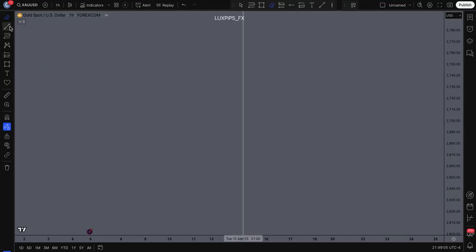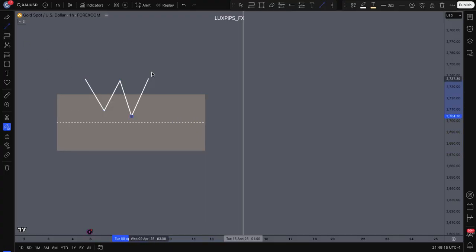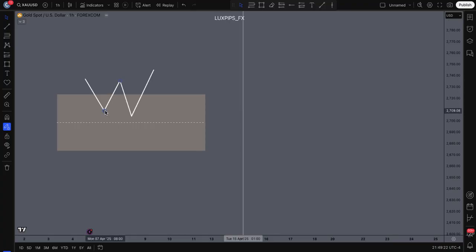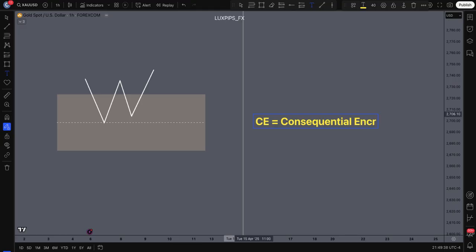So where do you want to be seeing these CISDs? Here's the thing. Most people are going to be looking for them right here, right? At the top of a POI. But who's to say, what if it comes down to CE? CE means consequent encroachment.